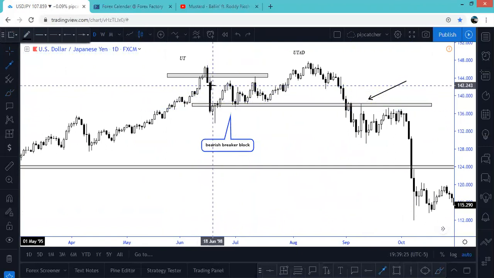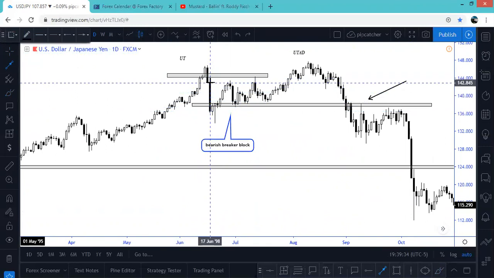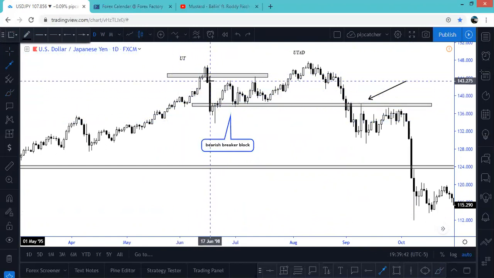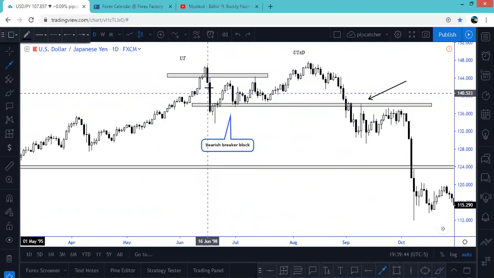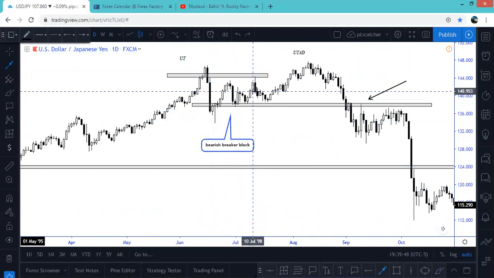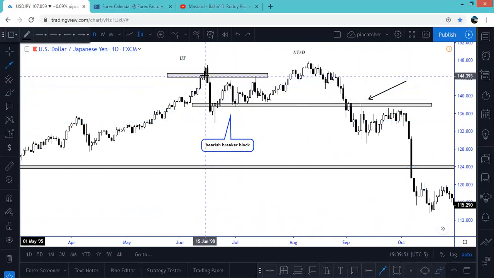So what is that trying to tell us? What are the big money players, the institutions, the hedge funds, the banks, the people with a lot of money that can move price like this, trying to tell us? That maybe they want a shift in the market to the downside, right?